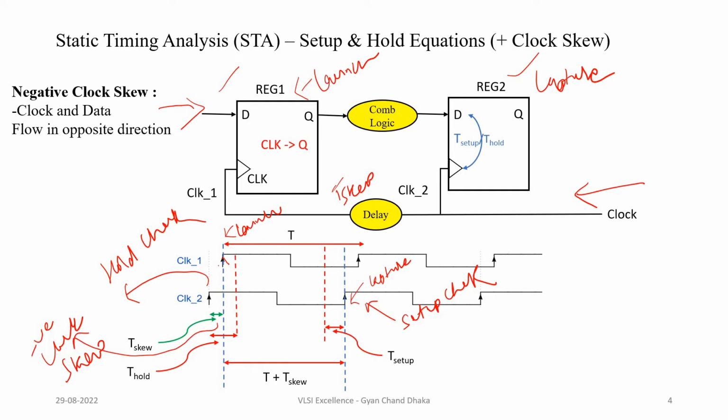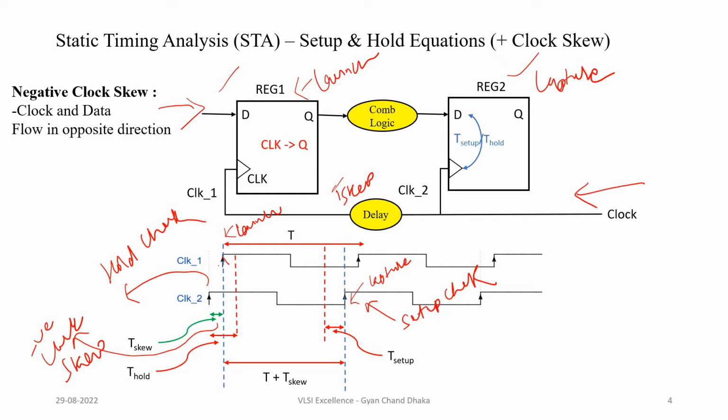So the time between the data launch and data capture has decreased by T skew time. If the time between launch and capture flip-flop has decreased, this is basically the required time. So here the required time has decreased. We will see in the next slide how the negative clock skew impacts the setup and hold timing equation. But in this slide, let's concentrate on what negative clock skew is. So hope this is clear.